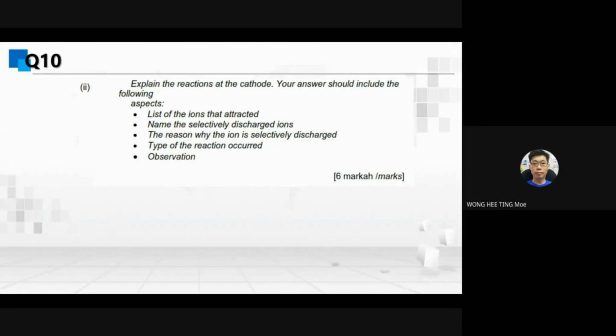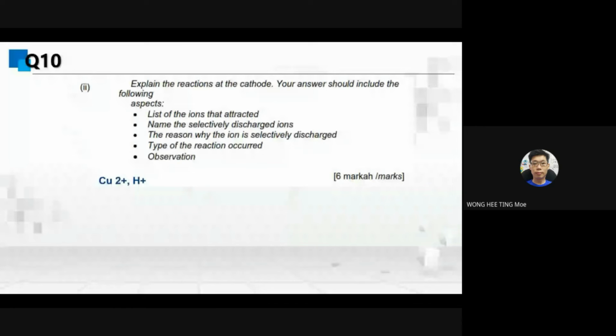So we discuss. First, the ions that are present: copper and hydrogen ions.